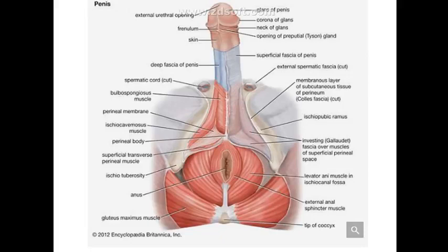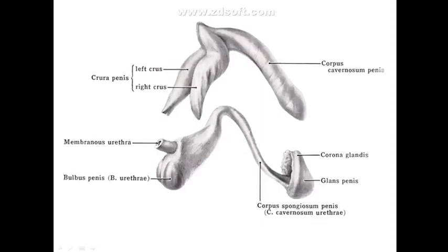Therefore, you can see that the bulb continues into the free body, forming the so-called corpus spongiosum, and the crura continue on the sides in the form of corpora cavernosa. And I think this figure is well demonstrating that.